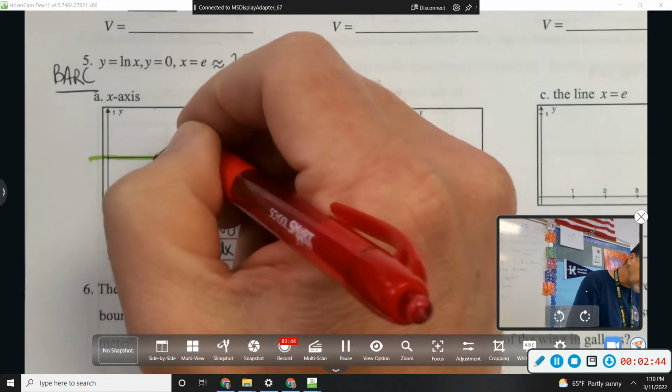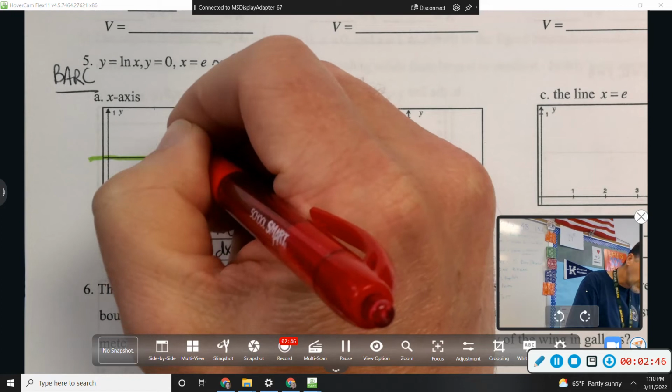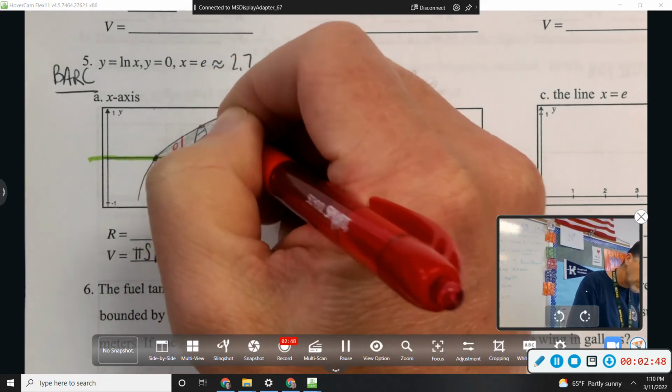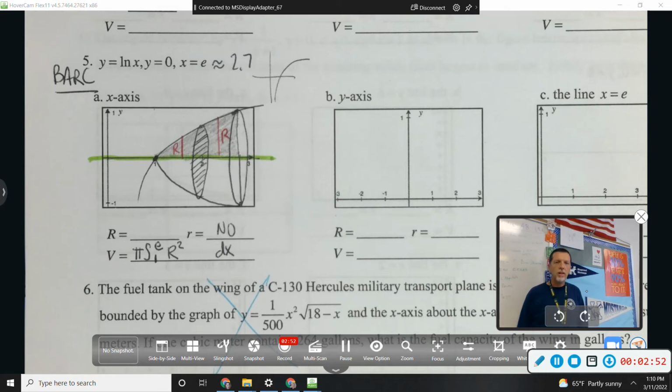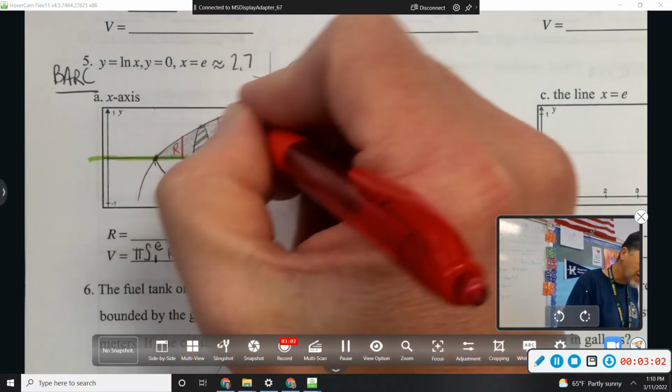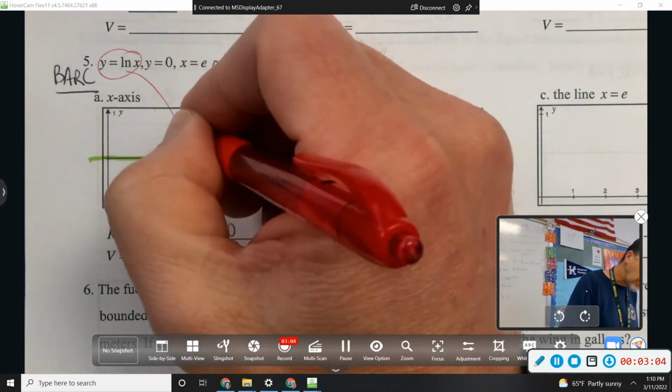And now I just need to figure out what big R is. Okay, well it's changing. That's the first thing I note. So it's not a constant. It's going to have a variable in there. It's tracking along with the height of natural log of x.